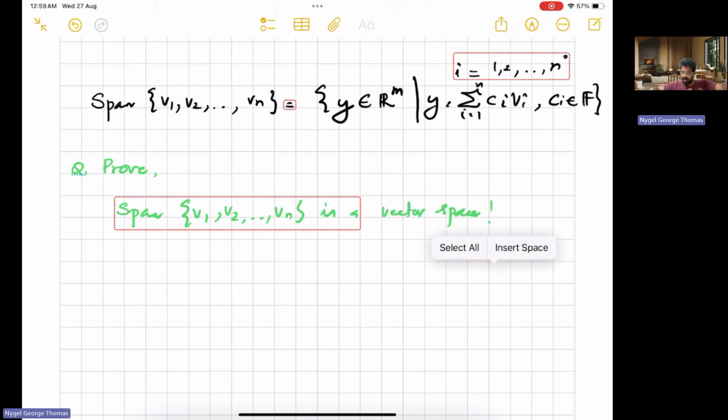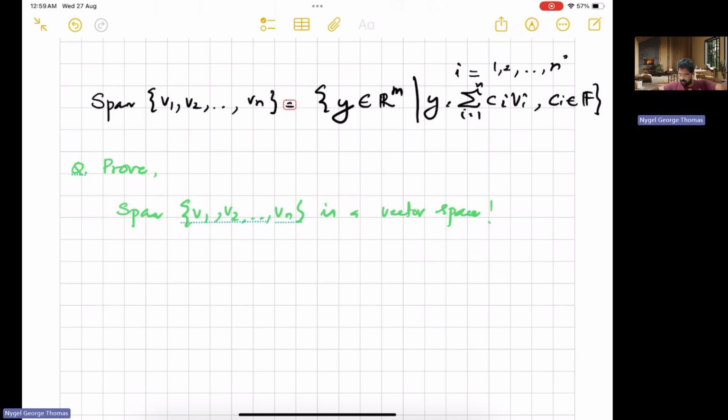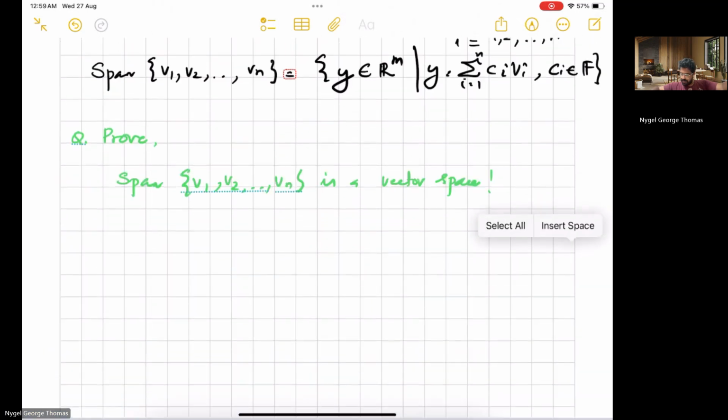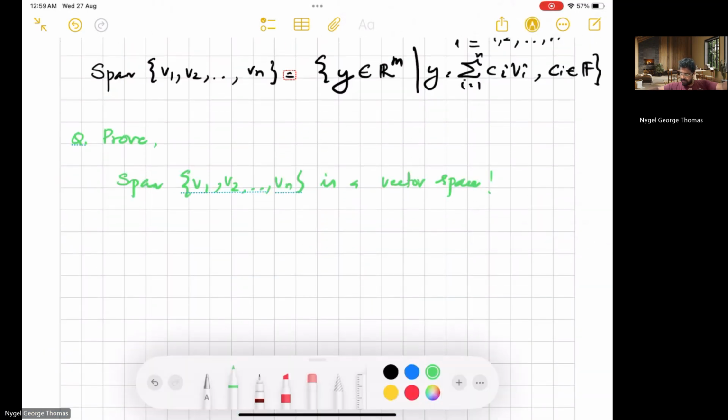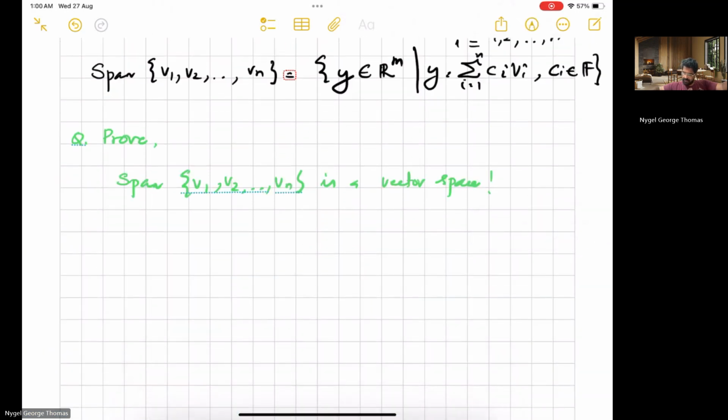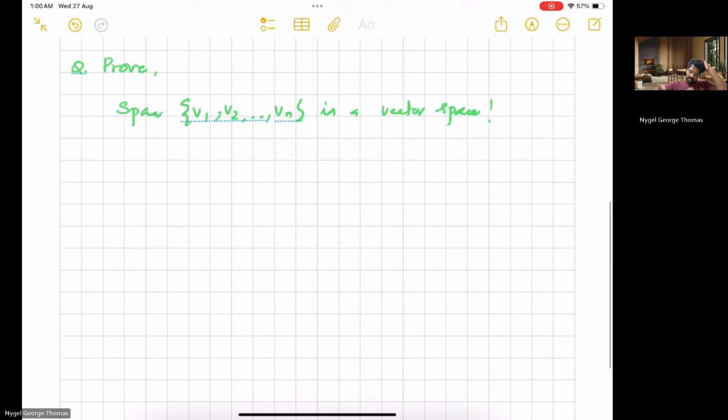How do we prove this? There are two things we have to prove for vector spaces: it is closed under addition and closed under scalar multiplication.